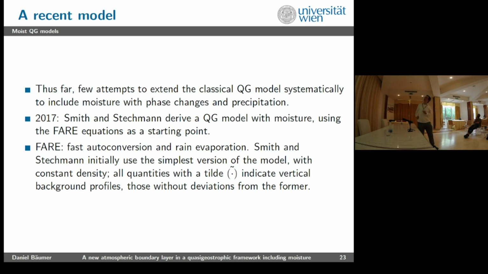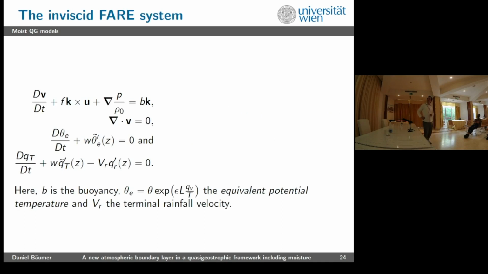So if you see something like a P, that's not the complete pressure, it's just the higher order deviations. Now, that's what the system looks like, right? So it's kind of different because, as I just said, it's expressed primarily in terms of the higher order deviations from a vertical background state.